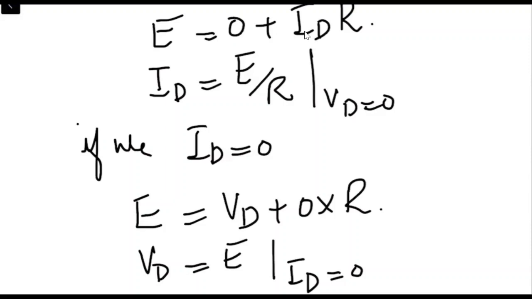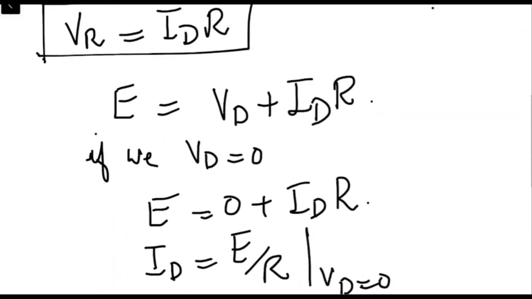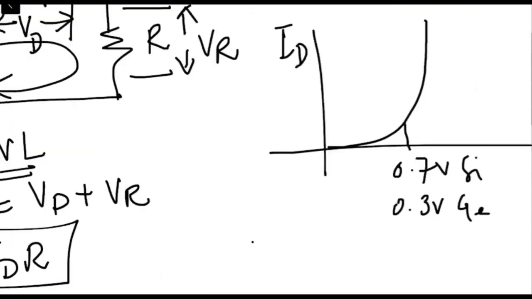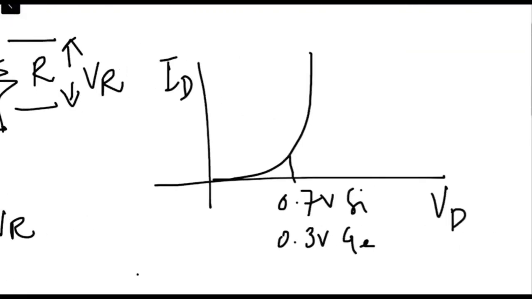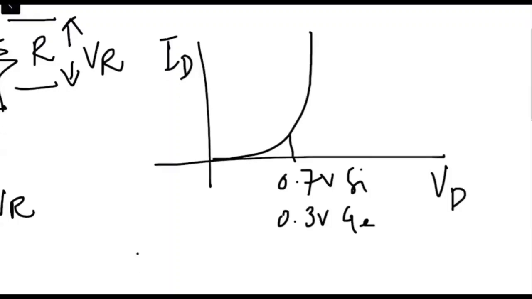And the limit of this circuit can be shown on the curve which we have over here. We have this curve, right? This is the characteristic curve of the diode.